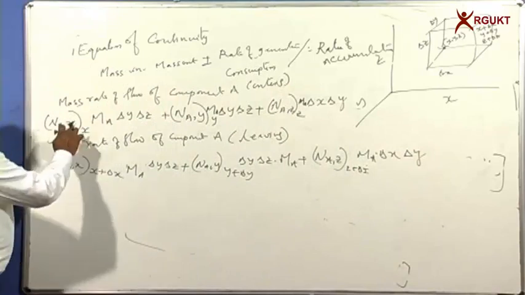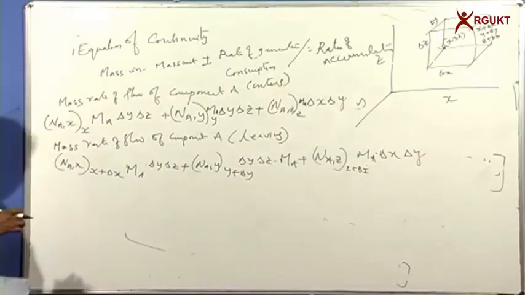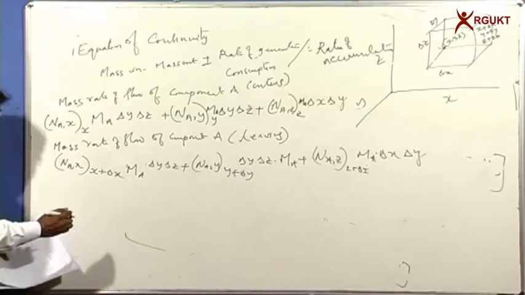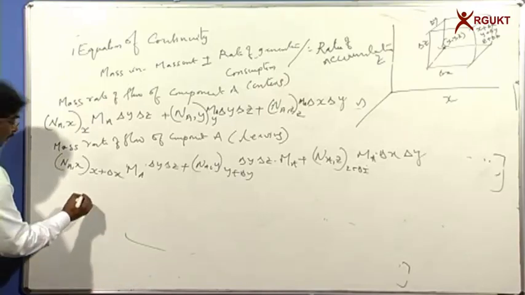So this is the mass entering, this is the mass leaving, and A is generated, I mean there will be accumulation, and that accumulation can be calculated.